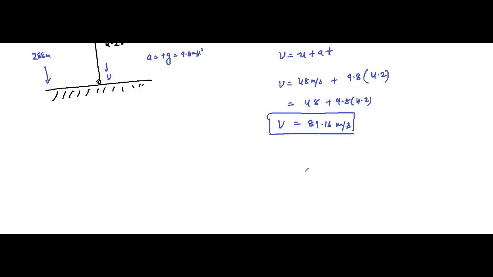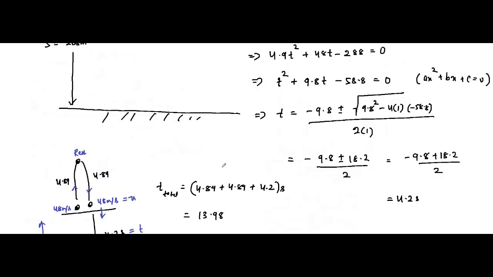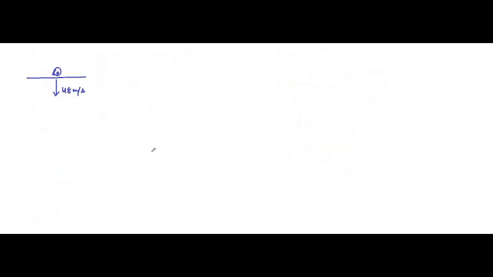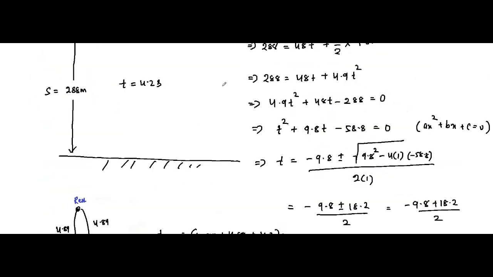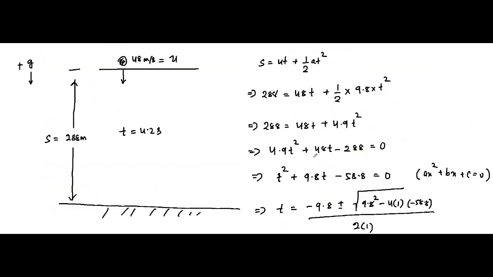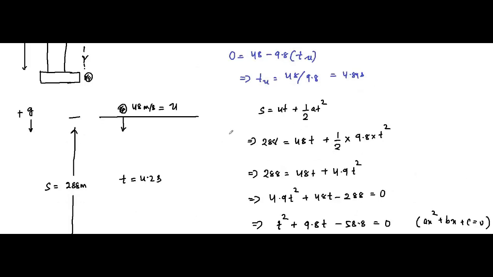Now, if we consider the other stone which was thrown downwards with a velocity of 48 meters per second, then it will be the same thing. The time it took to reach the ground comes from the same equation, s equals ut plus half at square.